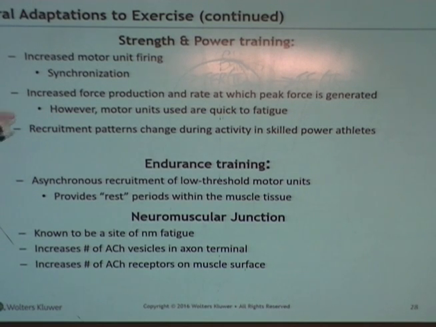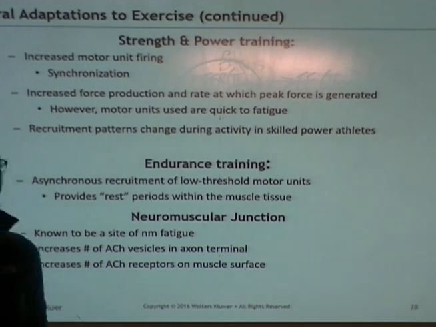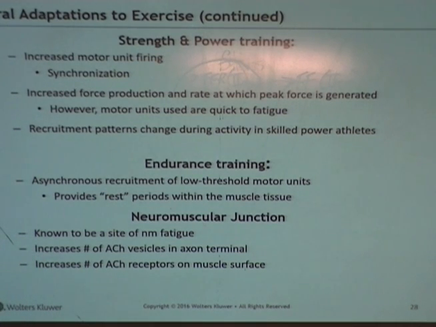Now, it's a very different picture when we look at endurance training, right? Because to be an endurance athlete, I don't need to generate as much power as I can at one time. I need to be able to keep going for a long time without getting fatigued. Right? So we see a different pattern occurring in someone who's a trained endurance athlete.